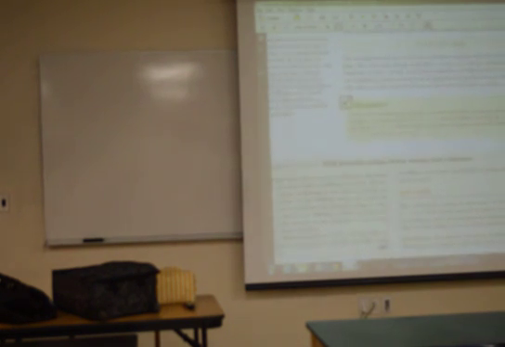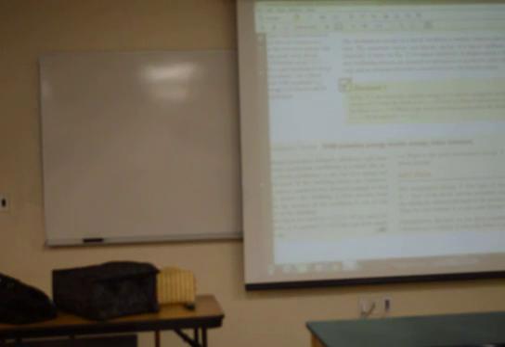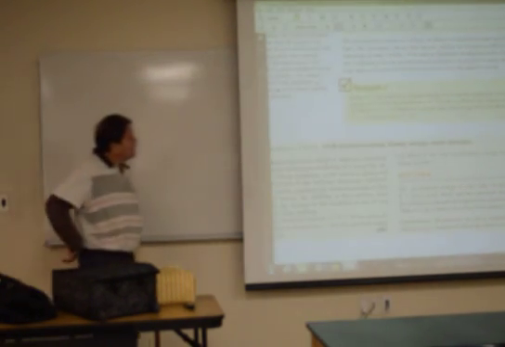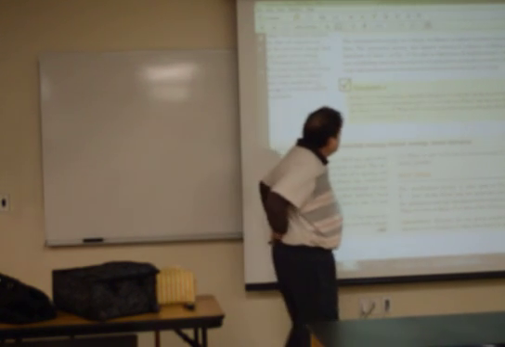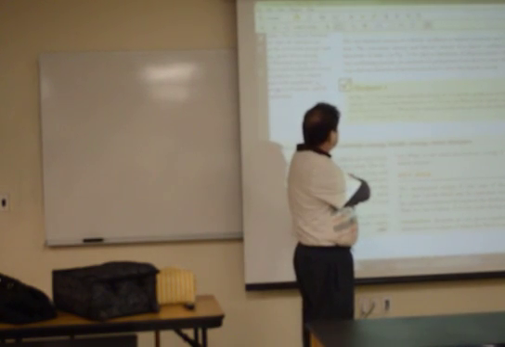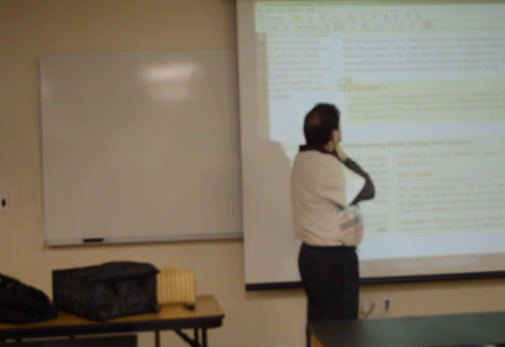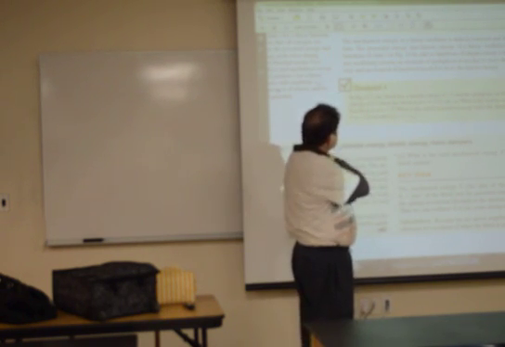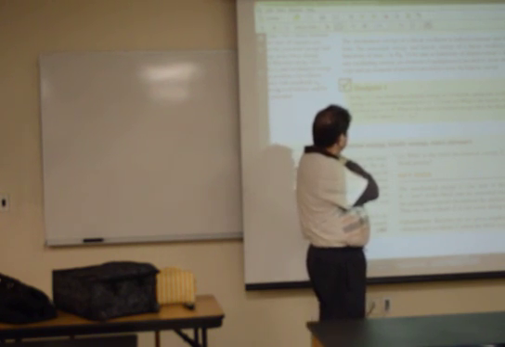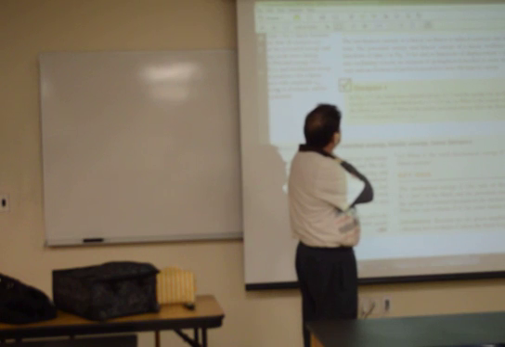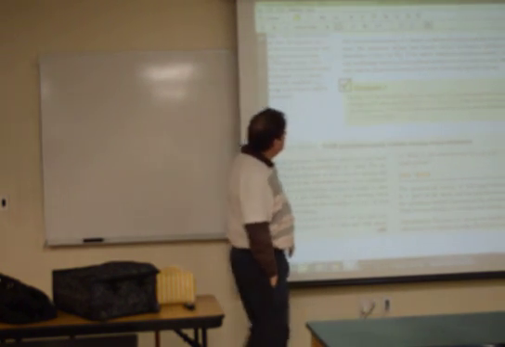So let's take a look. What's this checkpoint? Here's a block, has a kinetic energy of 3 joules. And the spring has an elastic potential energy of 2 when the block is at 2. What is the kinetic energy when the block is at 0? When x is at 0?